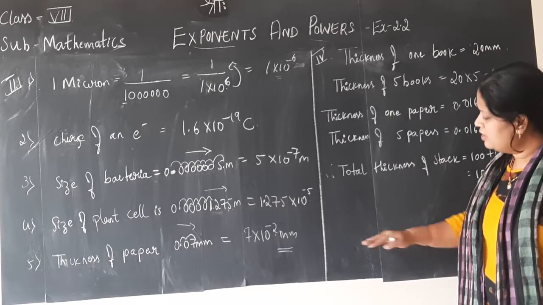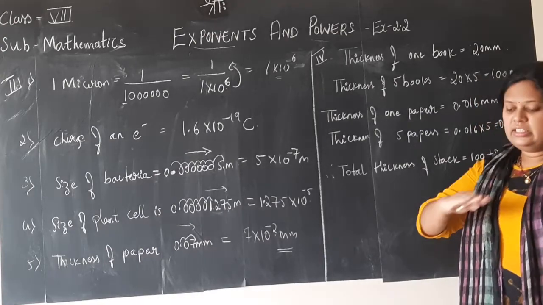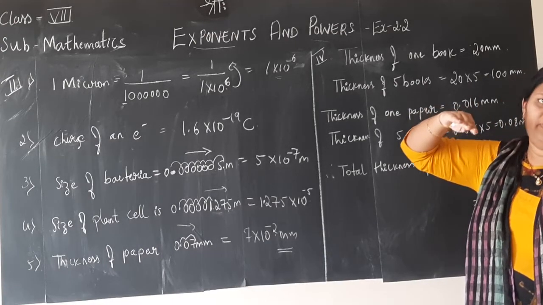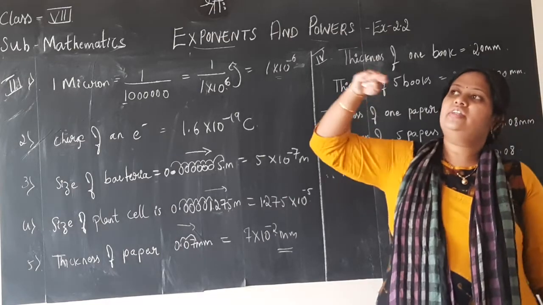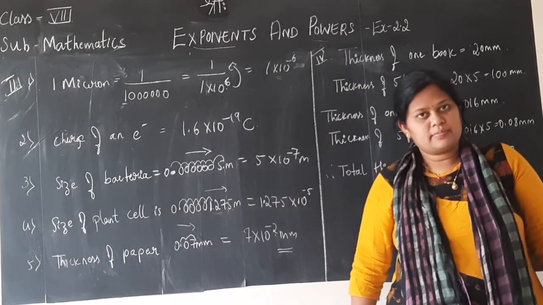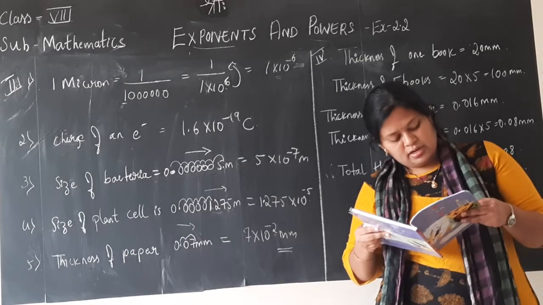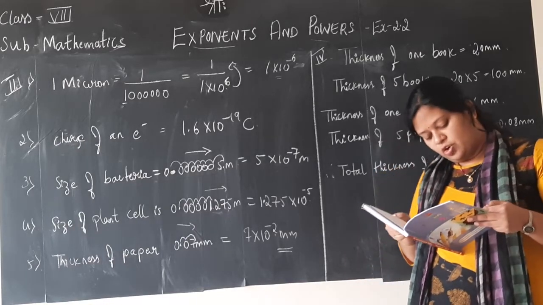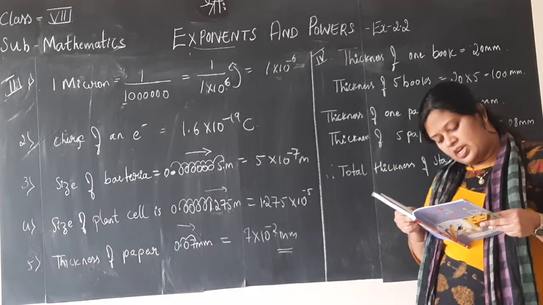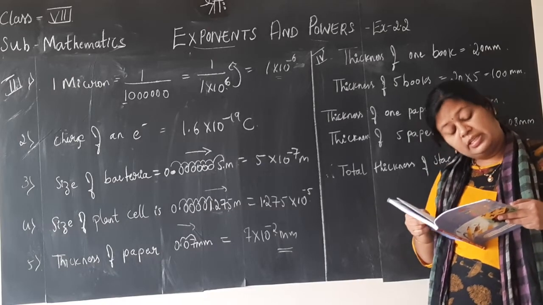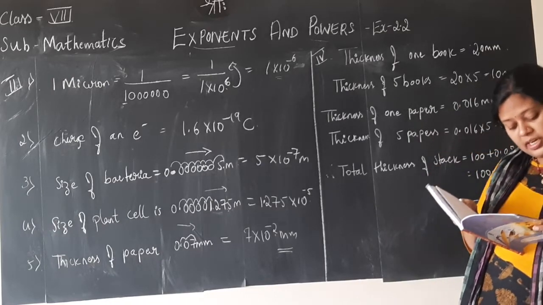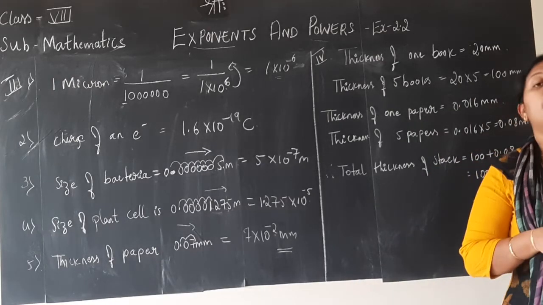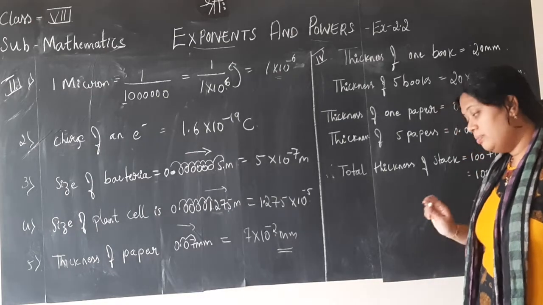So they are telling there are 5 books stacked one upon the other, and 5 sheets of paper which are stacked one upon the other. They have given the thickness of each book as 20 millimeter, and the thickness of each sheet of paper as 0.016 millimeter.